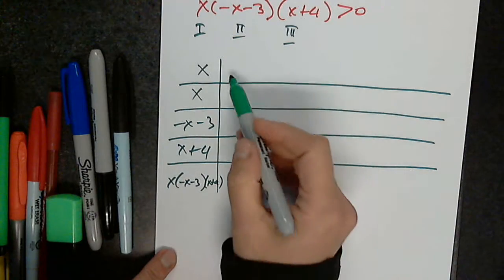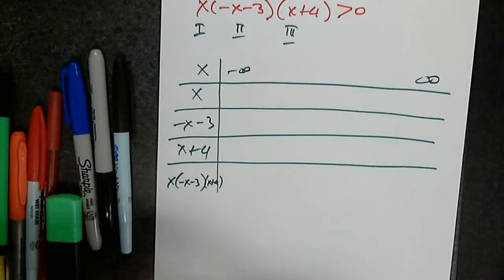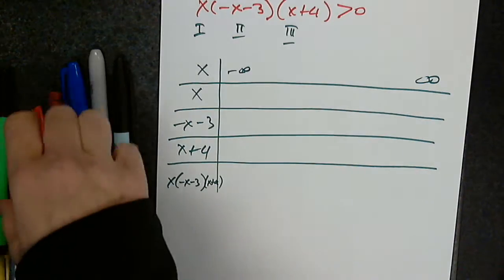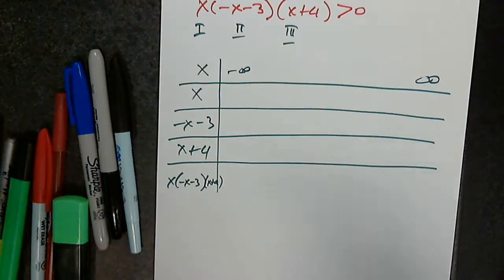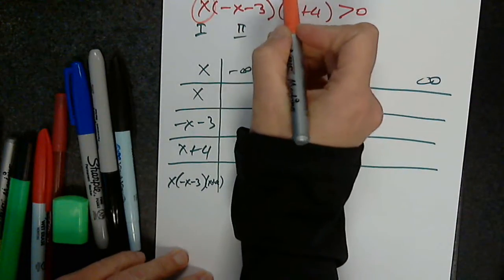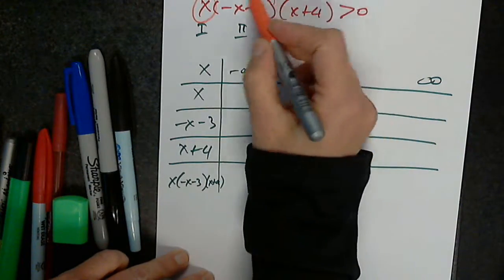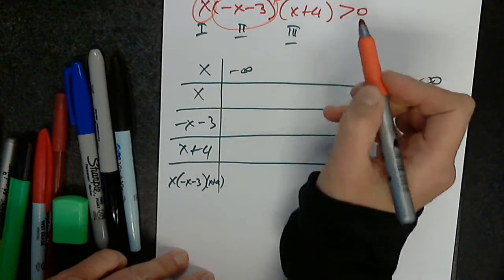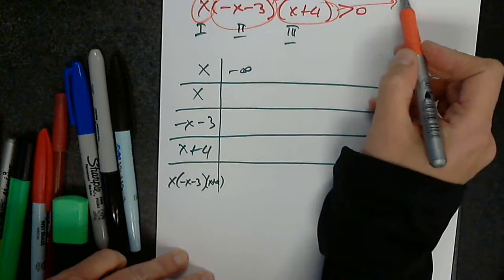And I know that x goes from negative infinity to infinity. I know that the 0 for this is 0. The 0 for this is negative 3, and the 0 for this is negative 4.